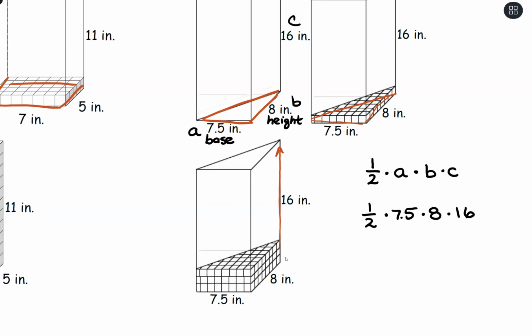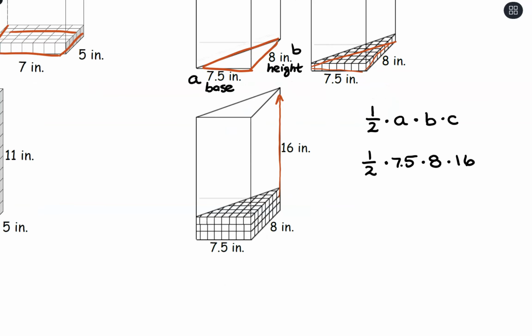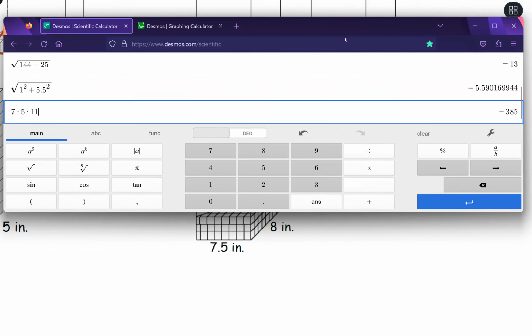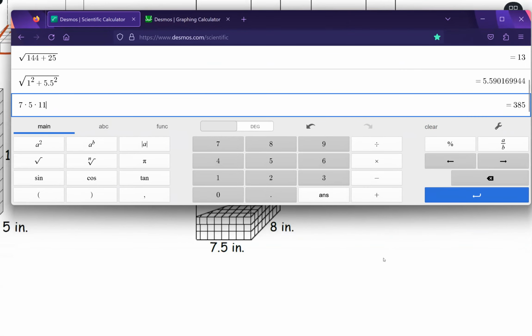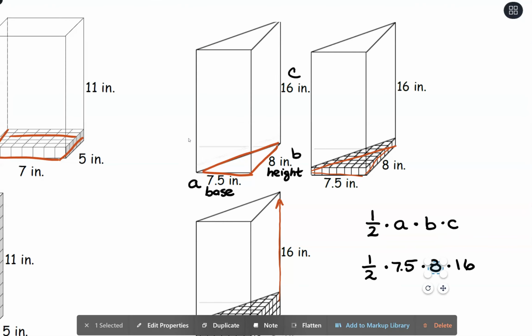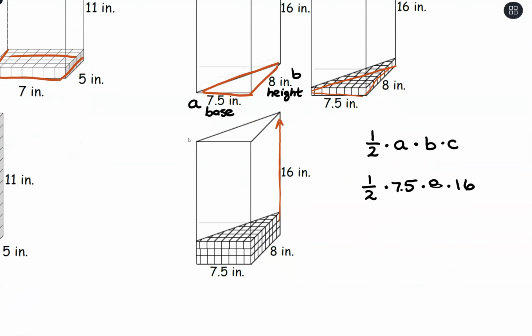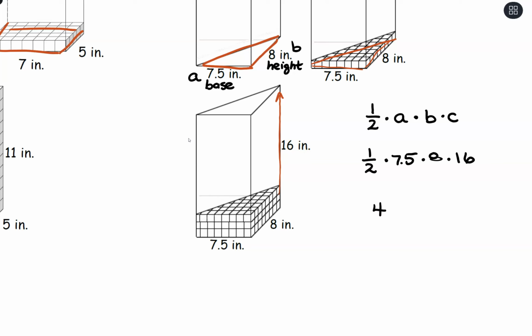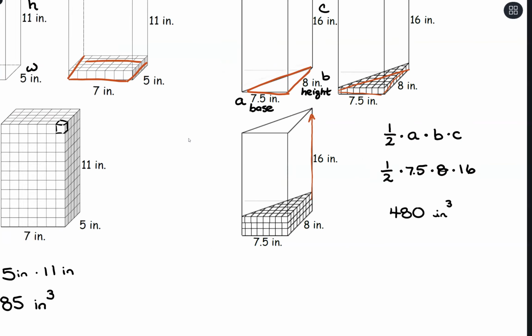But it starts with an area formula, and then it's a matter of multiplying by the height of the prism. So let's see, for that one, just to finish it up, we'll have 1/2 times 7.5 times 8 times 16, which is 480. And then again, our units are inches, and that'll be cubed.